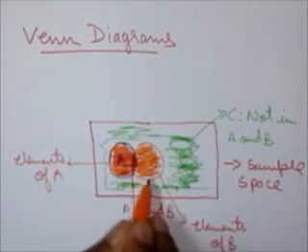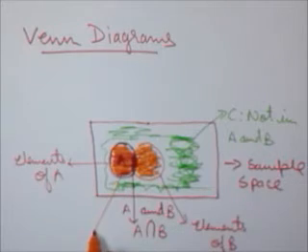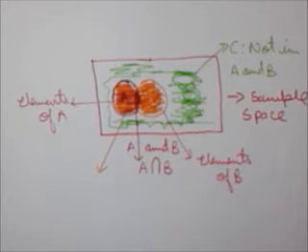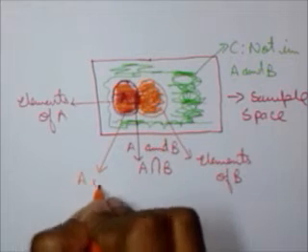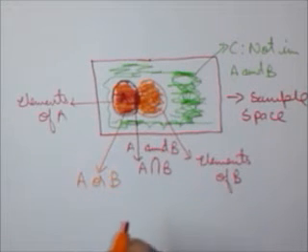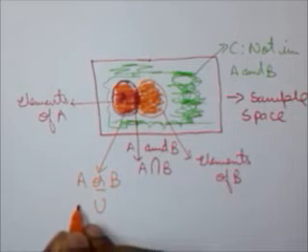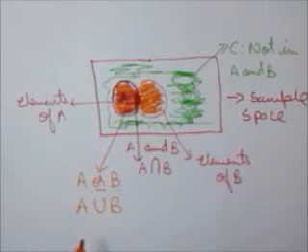This area, what does it represent? It represents the elements which are present in either A or B. So A or B, here the keyword is OR. OR is represented by the union symbol. So this area is represented by A union B.